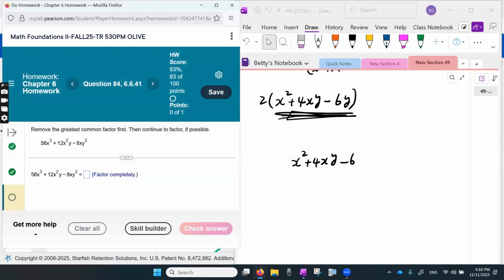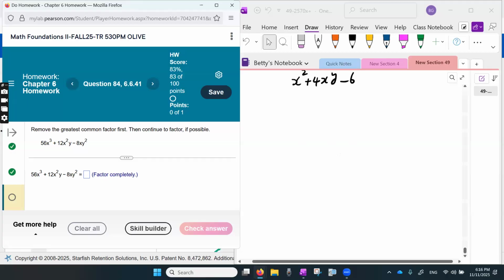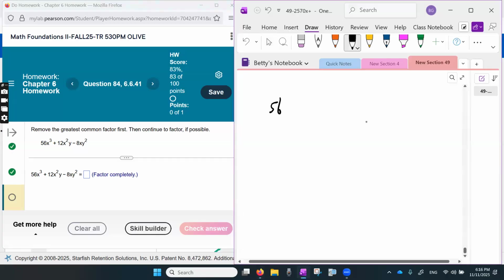This also is about factorization. GCF is 4x. Let me write it down. 56x cubed plus 12x squared y minus 8xy squared.